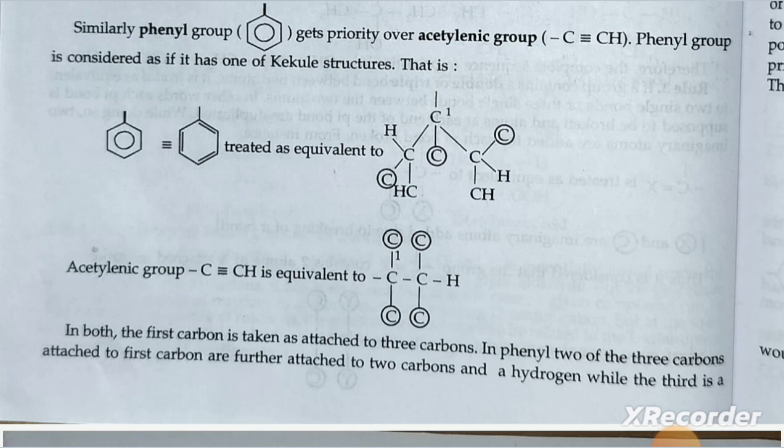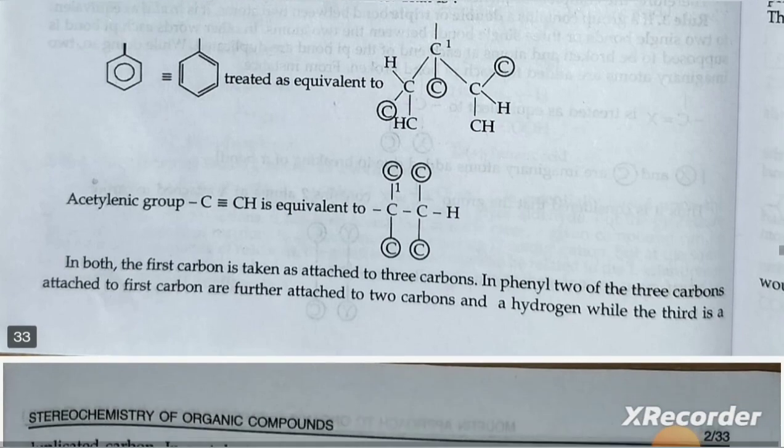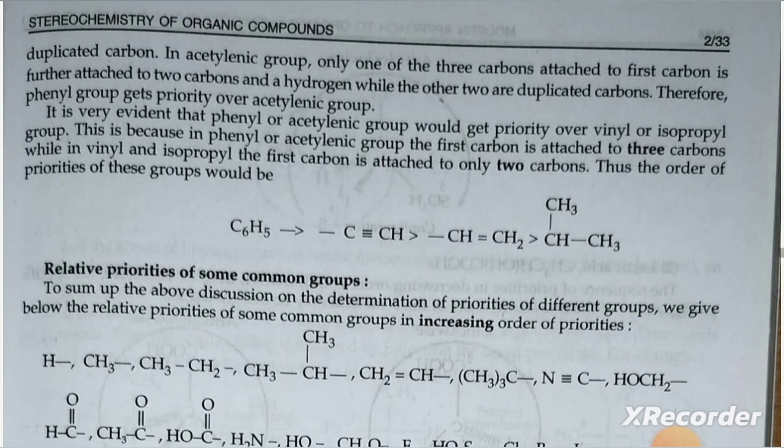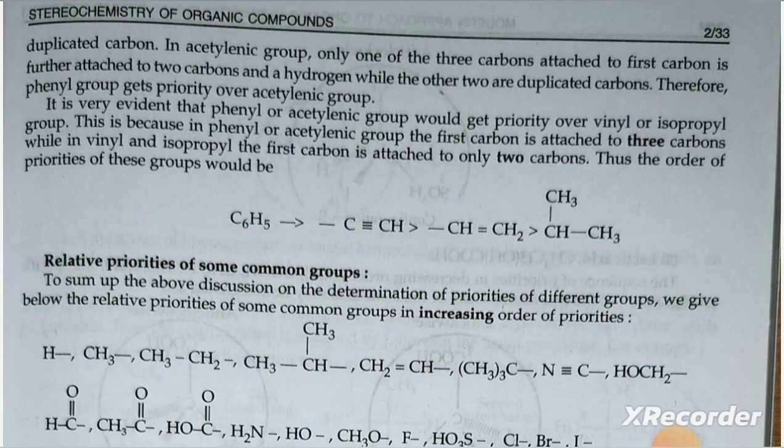In both, the first carbon is taken as attached to three carbon. In phenyl, two of the three carbon atoms are attached further to two carbon and hydrogen, while the third is a duplicated carbon. In the acetylenic group, only one of the three carbon attached to the first carbon is further attached to two carbon and a hydrogen, while the other two are duplicated carbon. Therefore, the phenyl group gets priority over the acetylenic group.